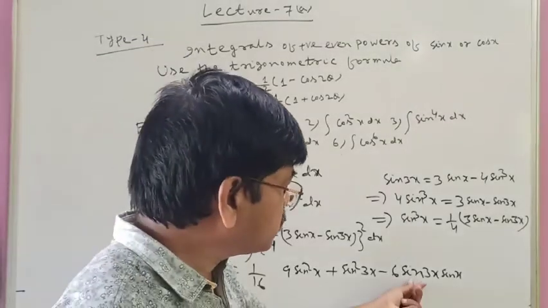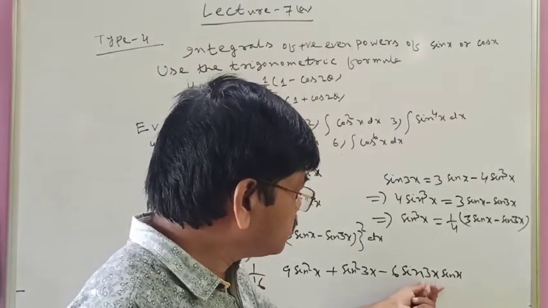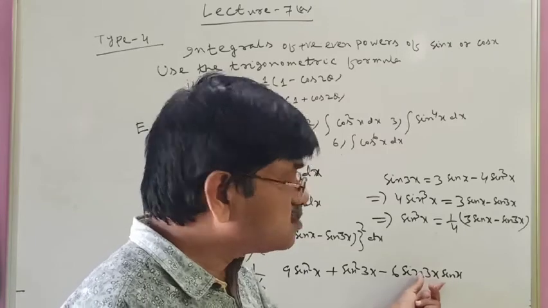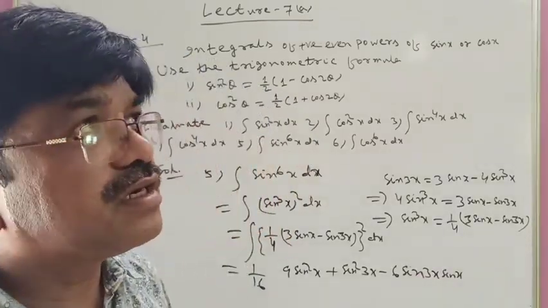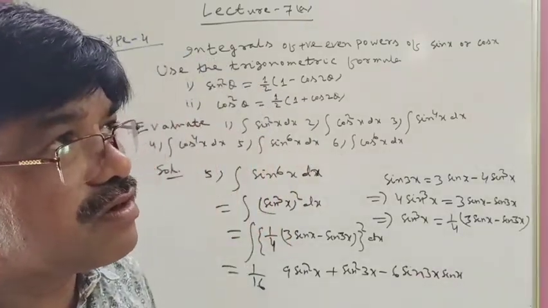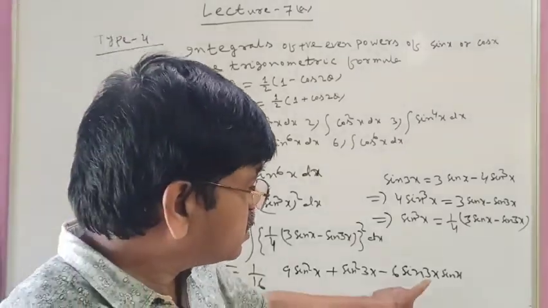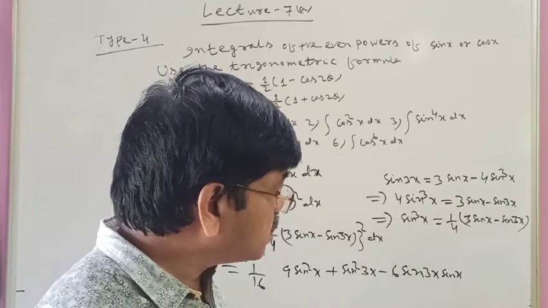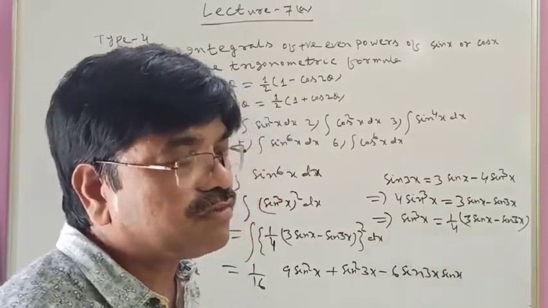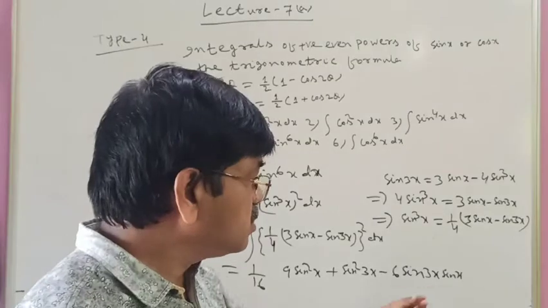This will convert it to the form 3 into 2 into sin 3x into sin x. So for 2 sin a sin b, that trigonometric formula you would apply, that is cos a minus b minus cos a plus b. So it will be like a as 3x, b as x, then cos a minus b means cos 3x minus x, it will be cos 2x, minus cos a plus b, cos 3x plus x.